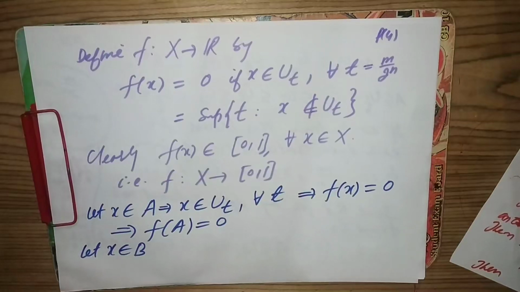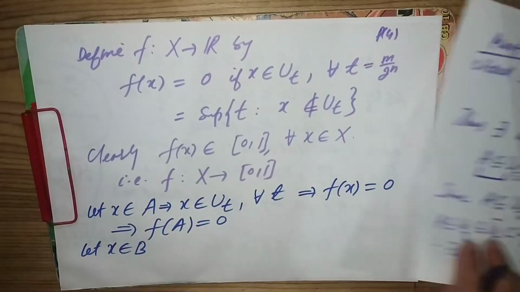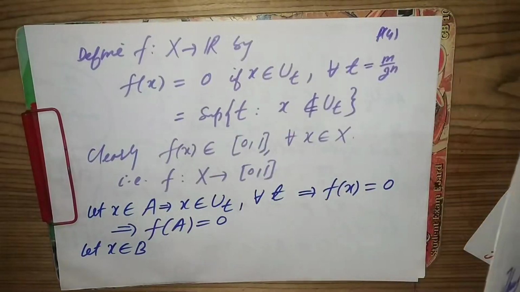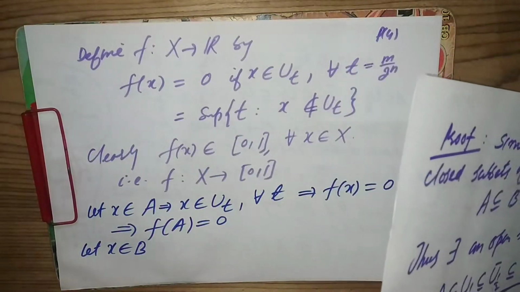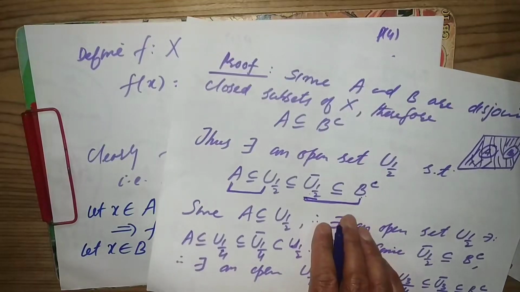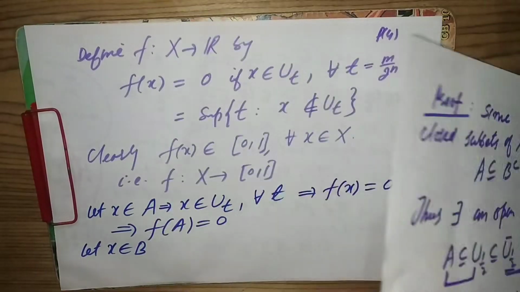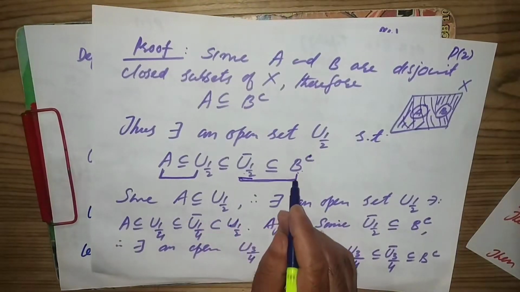Whenever X is in B, we need to show that its value is 1. So we have to find the points whenever X is in B.